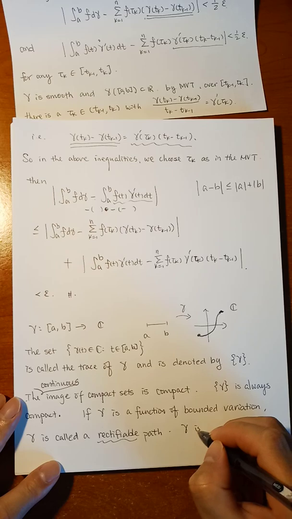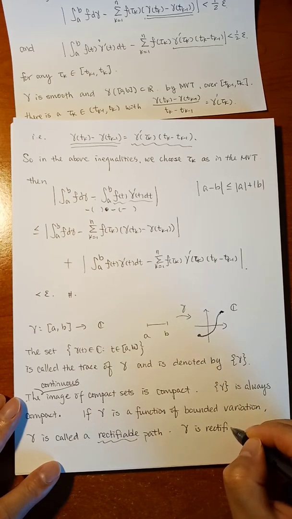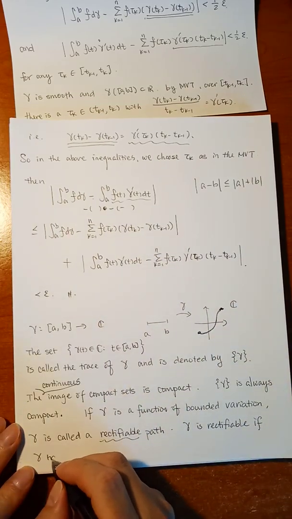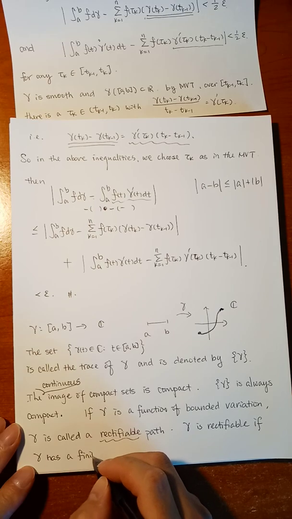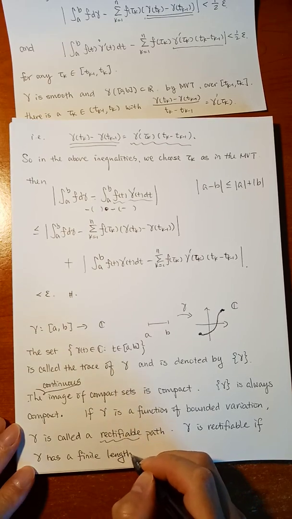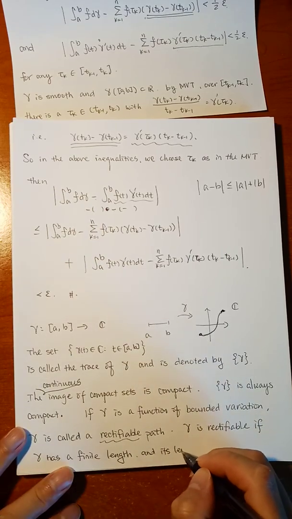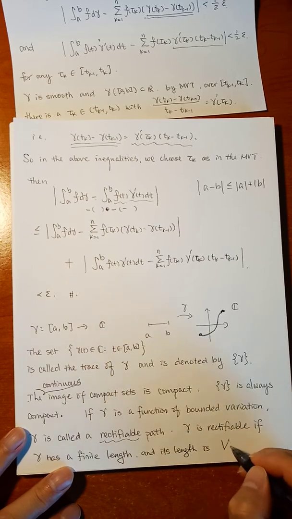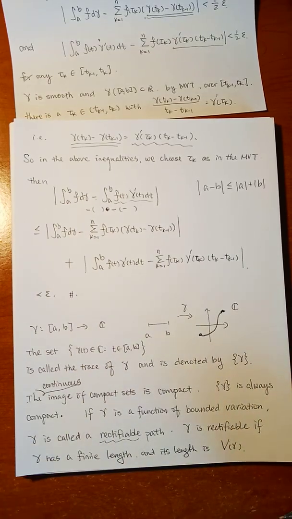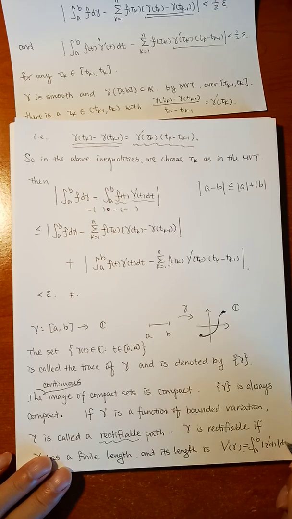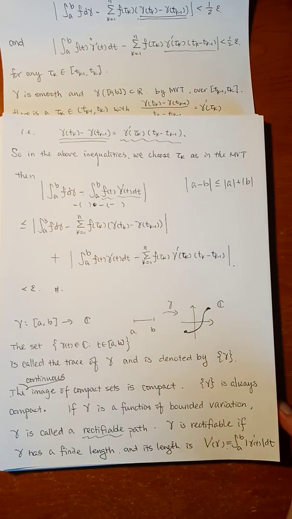So gamma is rectifiable if gamma has a finite length, and its length is the total variation of gamma. We know that the total variation of gamma is given by the integral from a to b of the modulus of gamma prime of t dt.